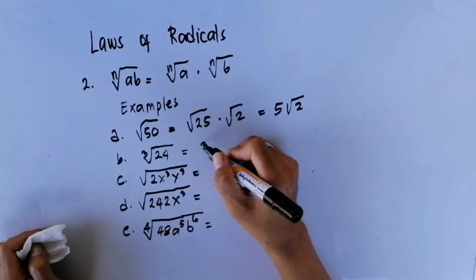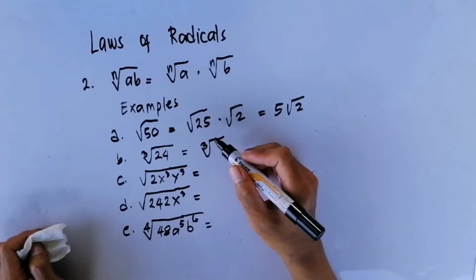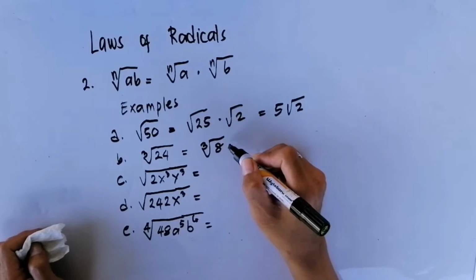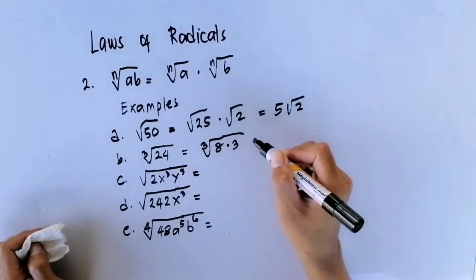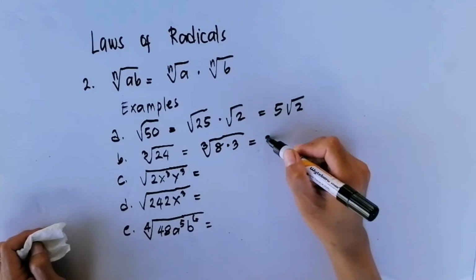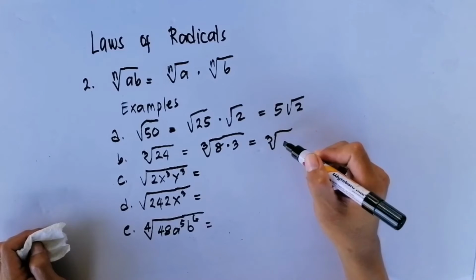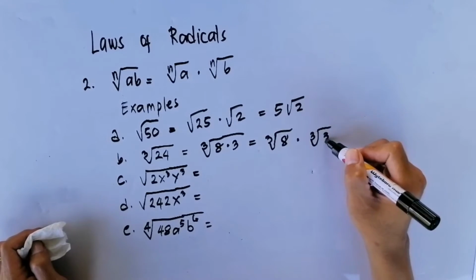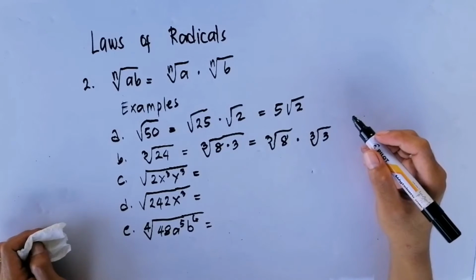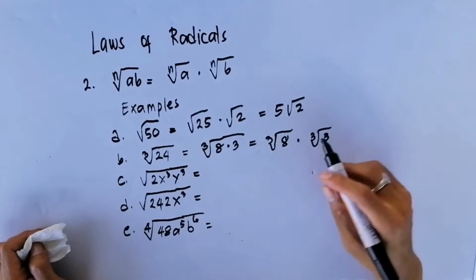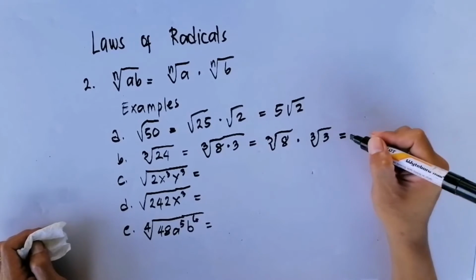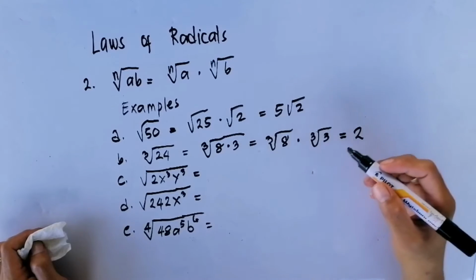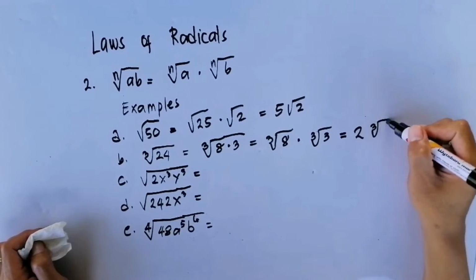So that is the cube root of 8 times 3, or that is the cube root of 8 times the cube root of 3. Then the cube root of 8 is 2, times the cube root of 3.